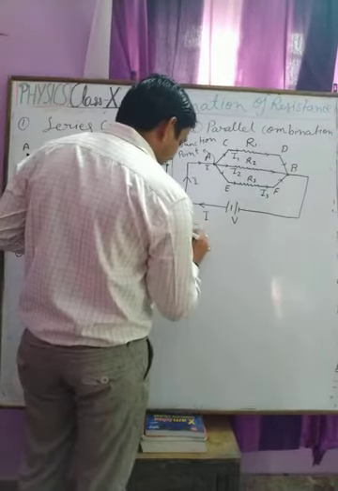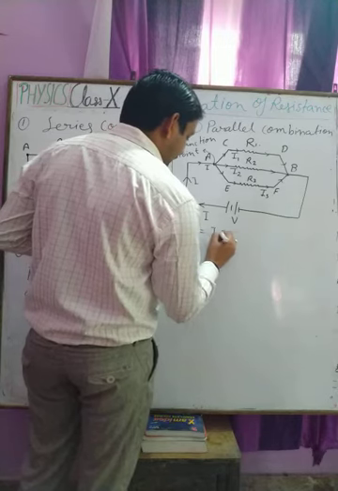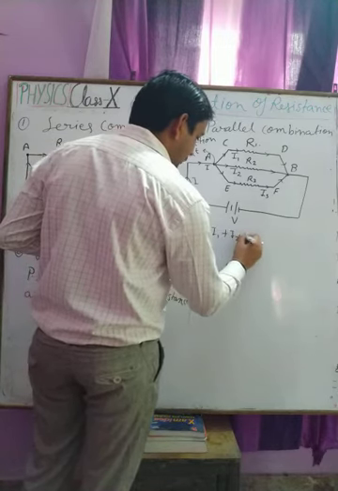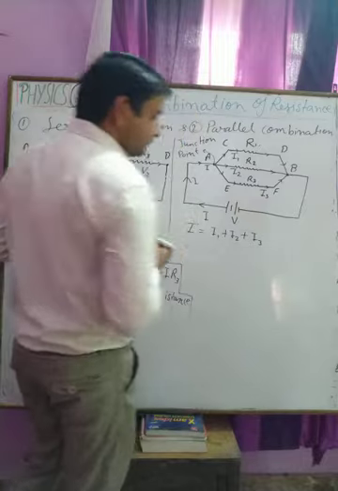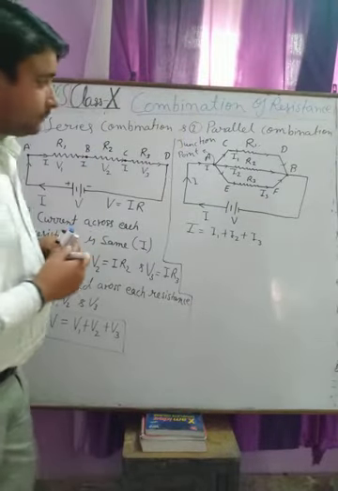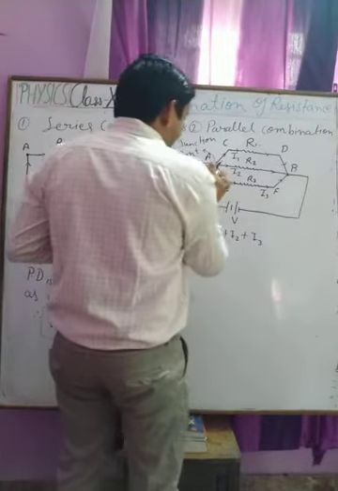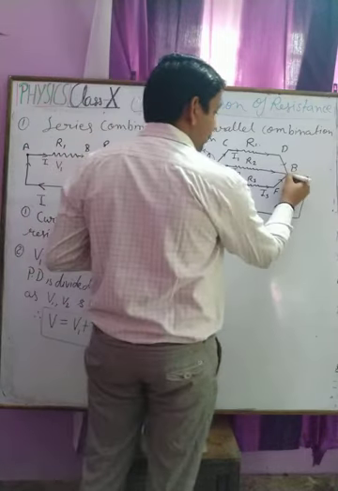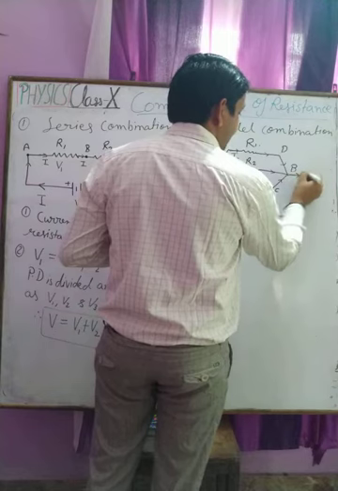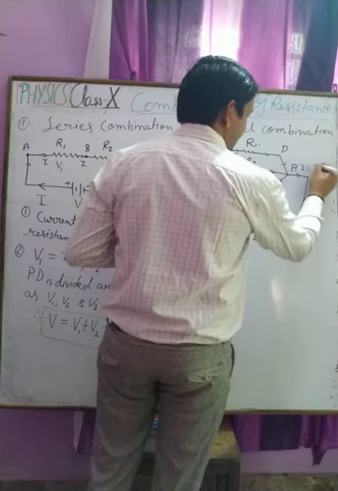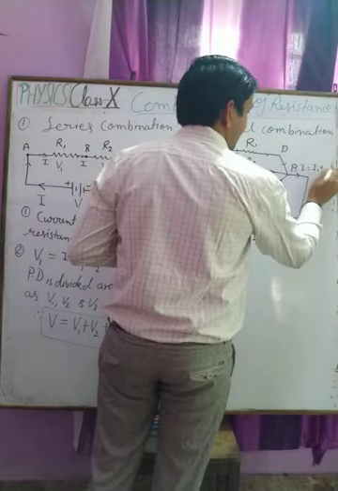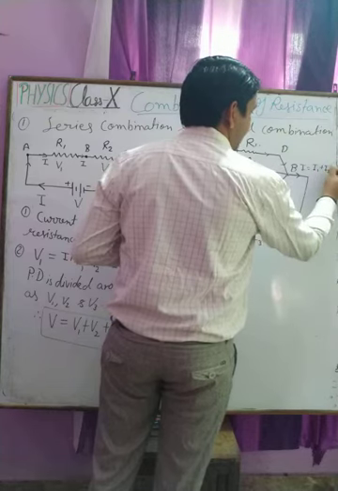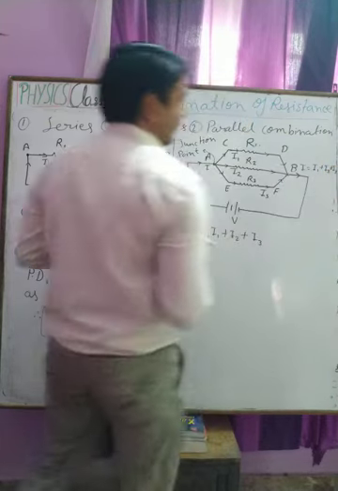So the answer is I is divided into I1 plus I2 plus I3. Clear? And at point A it is divided in this form, but at point B it becomes I with the sum of the three parts of it.